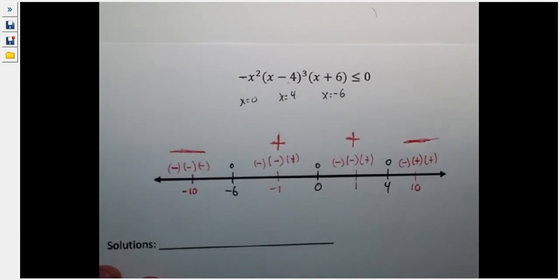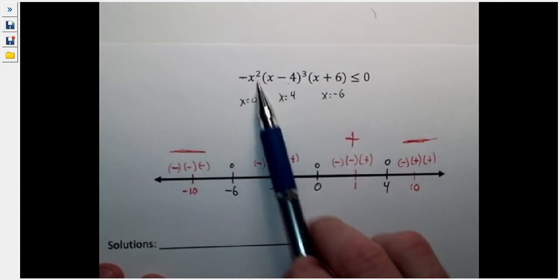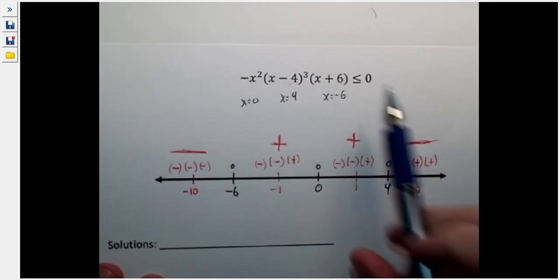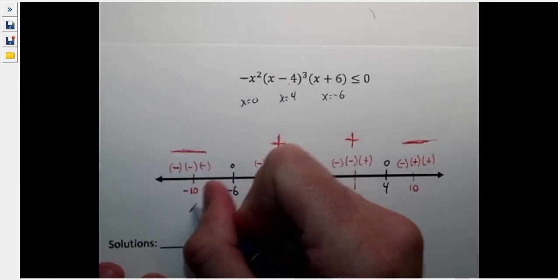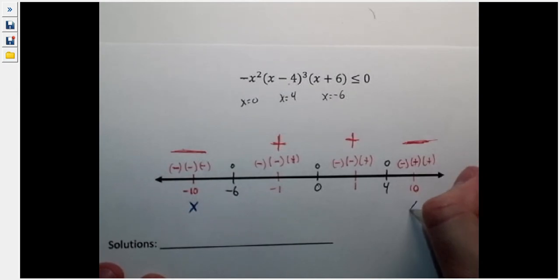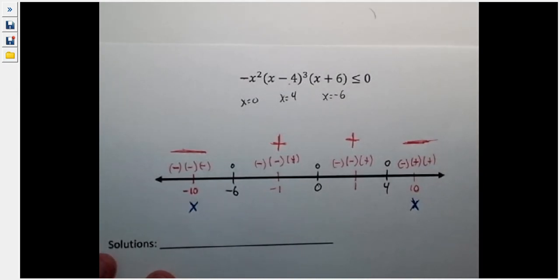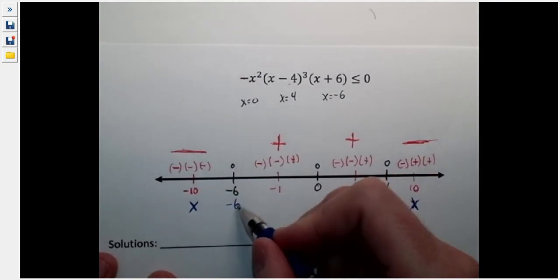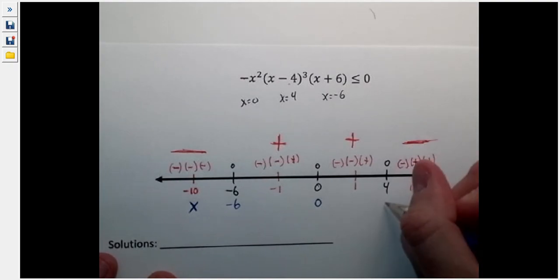So here we go, where we're going to write the solutions. Okay, so again, I'm looking for where this is less than 0. Less than 0 numbers are negatives, so I need my negatives here and here. Okay? Then I drop down my zeros, negative 6, 0, and 4.